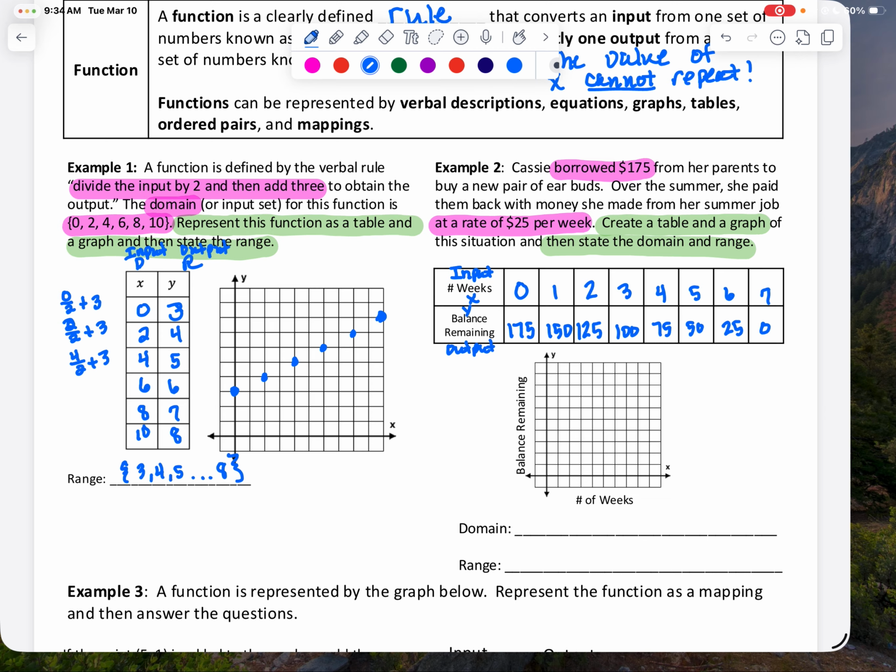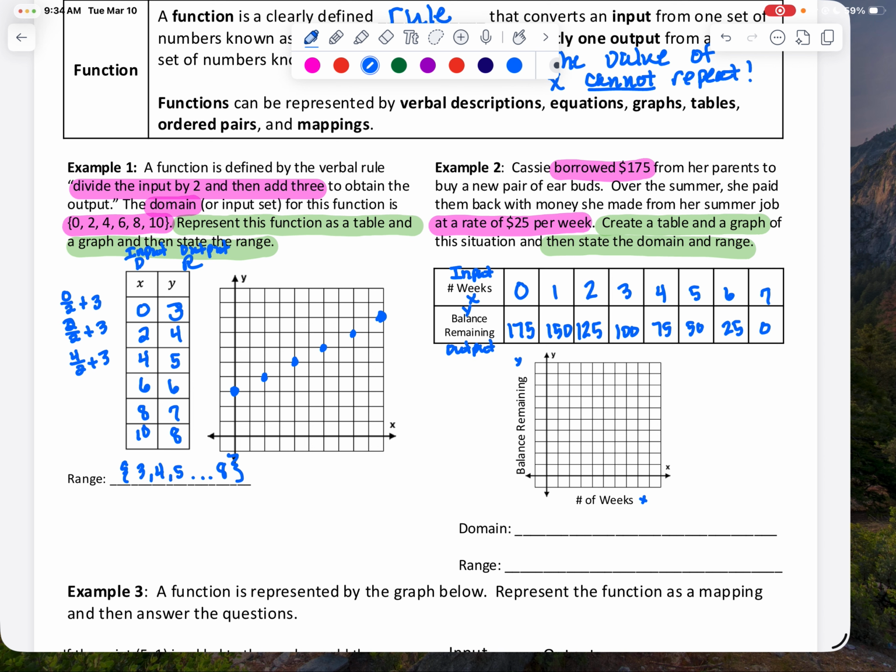Now, when you're creating this graph, we have the number of weeks on our x-axis, and we have our balance remaining on our y-axis. However, this graph is going to need to be scaled by something other than ones, because on our y values, our smallest y value is 0, and our largest y value is 175.